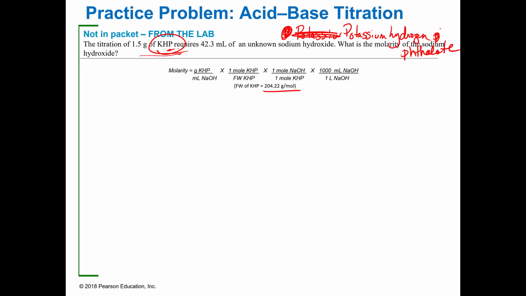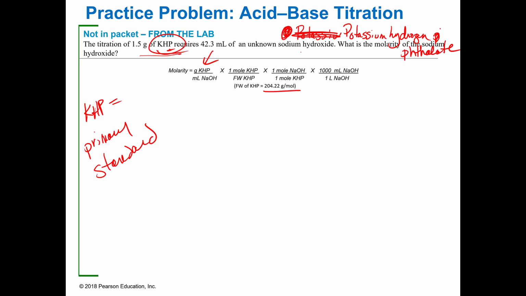I just wanted to show you so that if you ever see it as you move on and see other things, KHP is what we call a primary standard, which means you're actually weighing it, usually to the thousandth place, so it's super accurate. Okay, and then you compare that to how many milliliters of the sodium hydroxide.